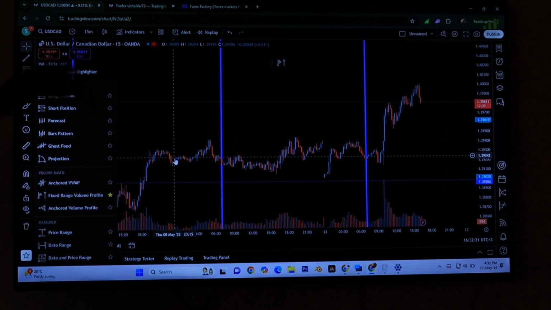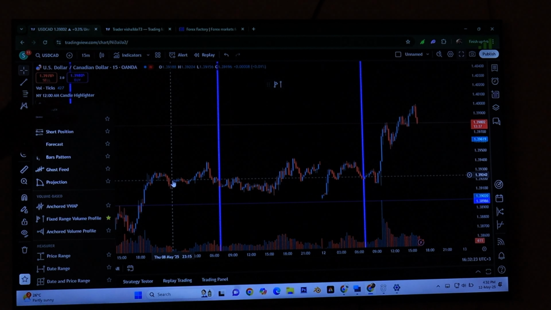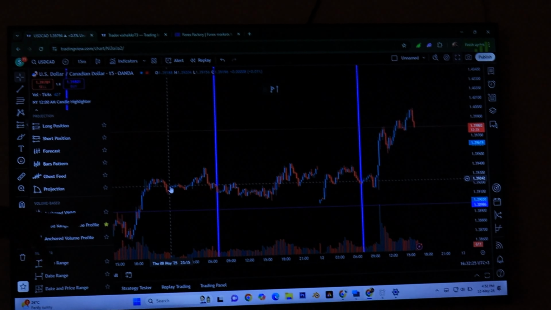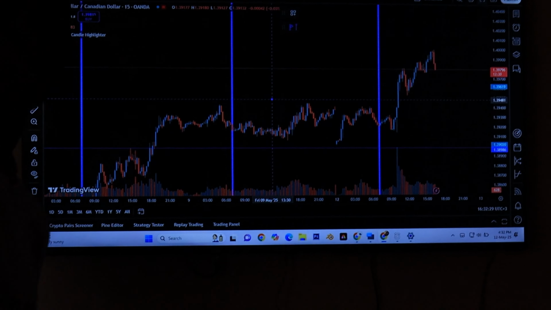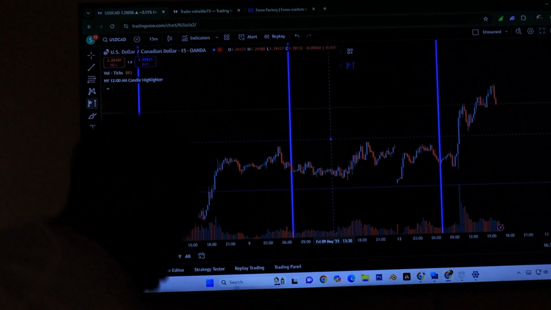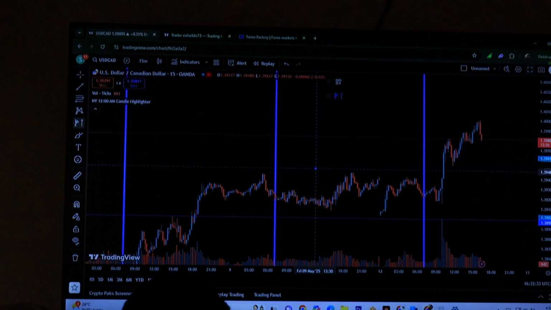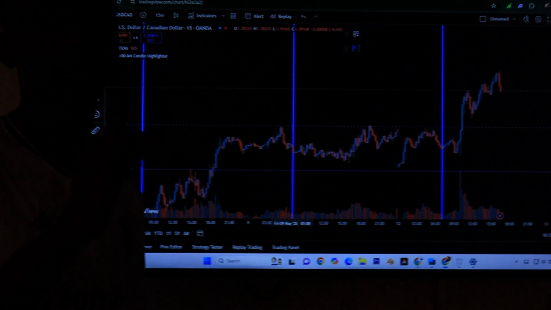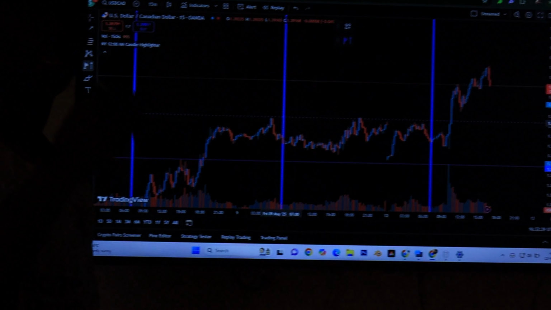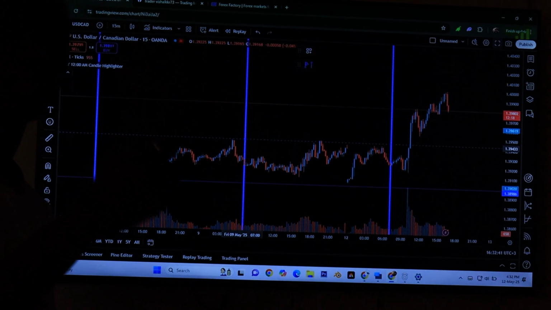So you'll map out that tool on your charts at the beginning of the previous day, at the open and at the close.